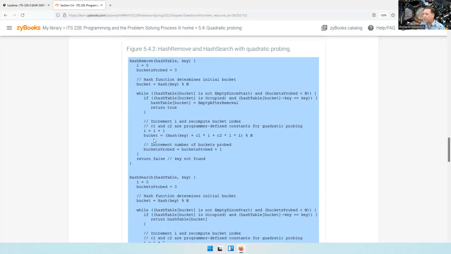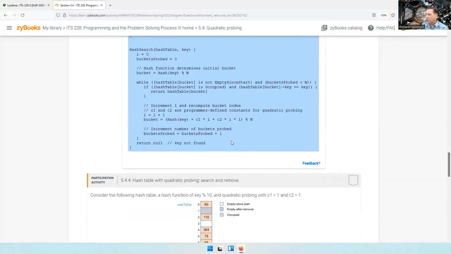It starts out with I equals 0, and each time you find a bucket that's not empty, this is for if you're trying to insert. When you're looking for it, each time you miss, you increment according to this formula. And if we were to make this a 1 and this a 0, then this would be the same as linear probing.